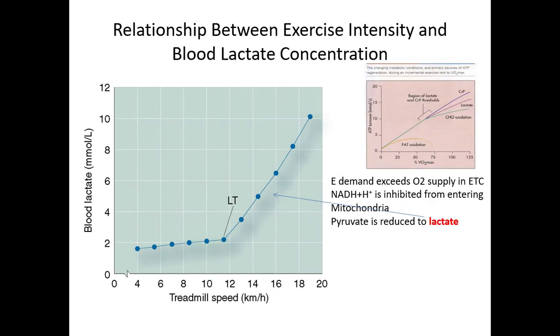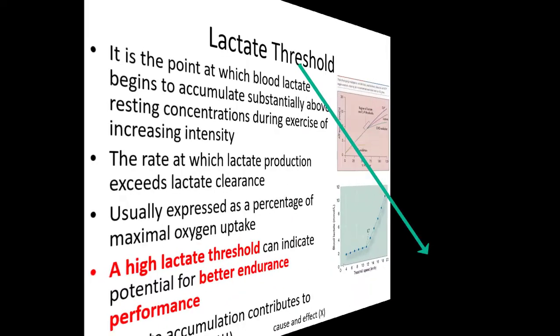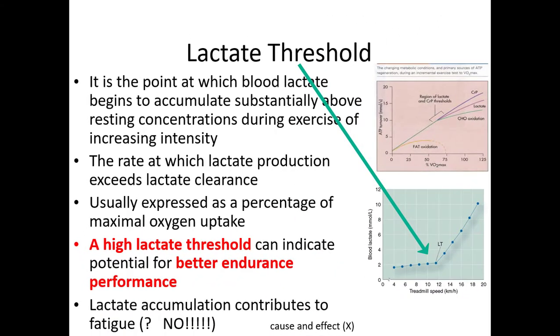You remember from the glycolytic energy system, when we learned it early in this semester, that energy demand exceeds oxygen supply in the ETC system. NADH plus proton from step 6 is inhibited from entering the mitochondria. So at that time, NADH plus proton gives 2 protons to the pyruvate, and pyruvate is reduced to lactate, right? So there is the lactate threshold concept.